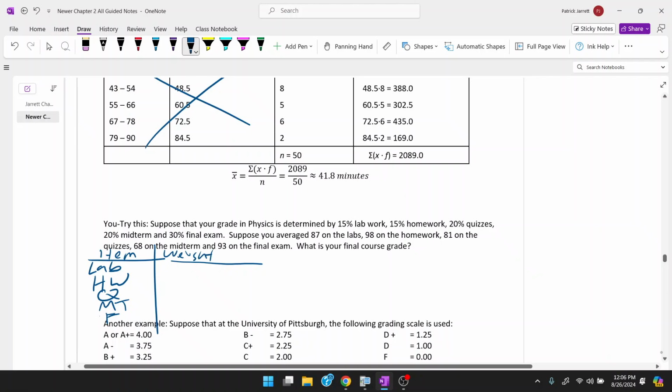So you'll figure out the weight, 15%, 15%, 20. Now, in the case of a grade problem, all the weights should add up to 100%.